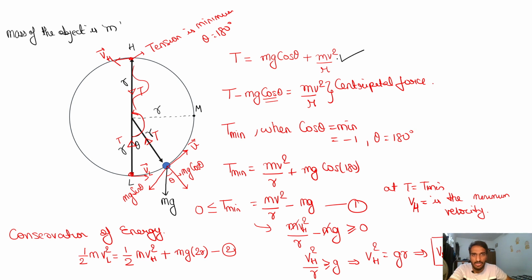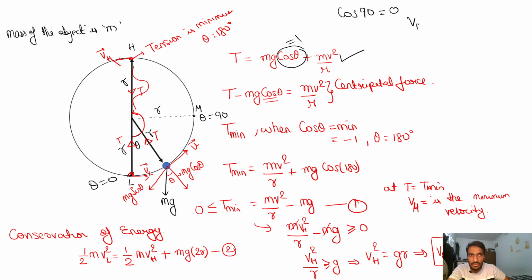So for point L, cos theta equal to 0, so this term will become 1, and we'll substitute the value of vL here, right? So we'll find the tension at point L. At point M, theta equal to 90 degrees, so cos 90 is 0.